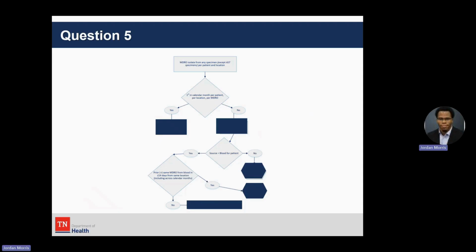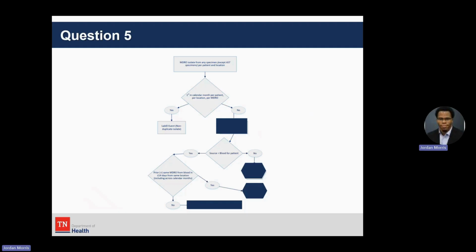If it is positive, it would be a LabID event, as we discussed in the previous slides.